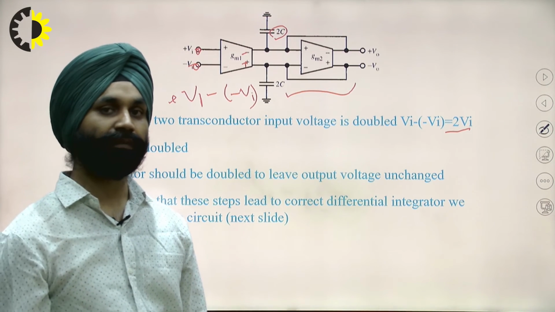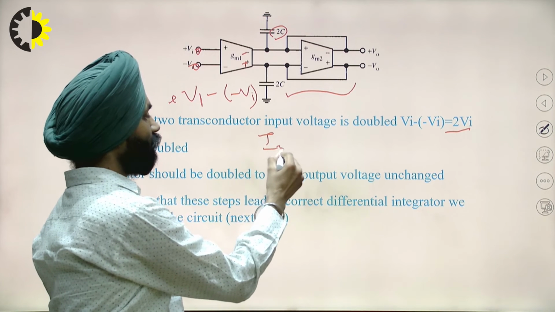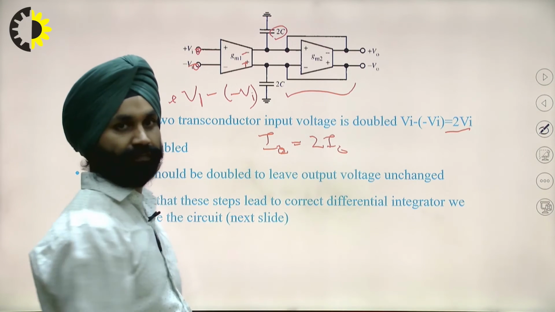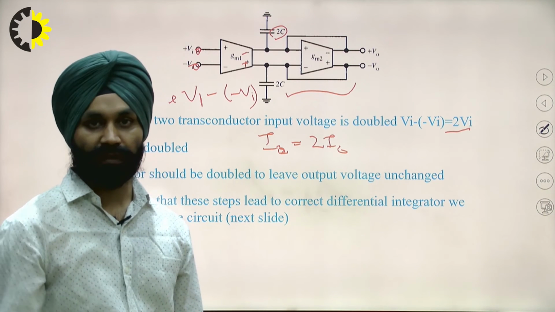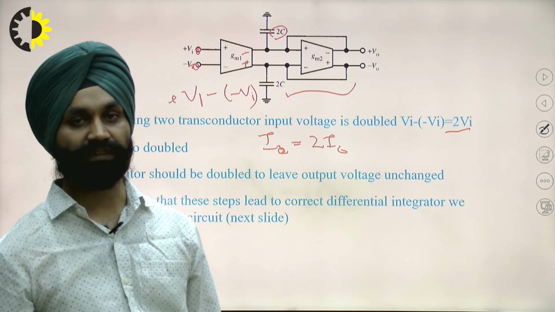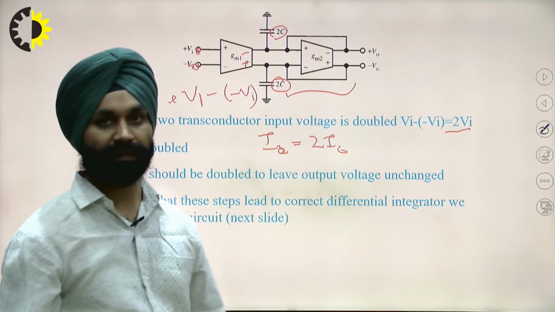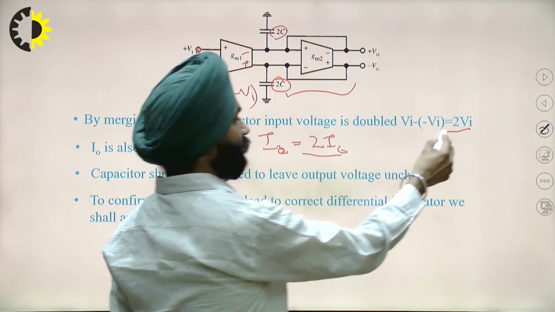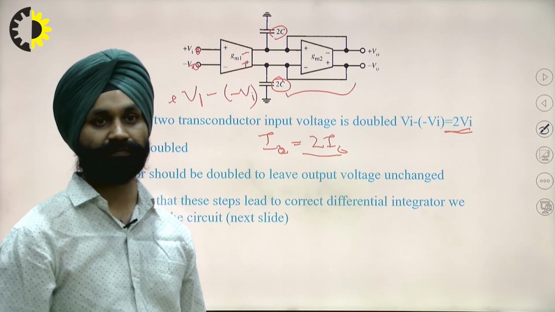Similarly, current will be doubled, that is, I0 will be equal to 2 times I0. The capacitor should be doubled so that the output does not change. That's why we have taken twice the capacitance, so that the twice effect of current and voltages does not affect the output.